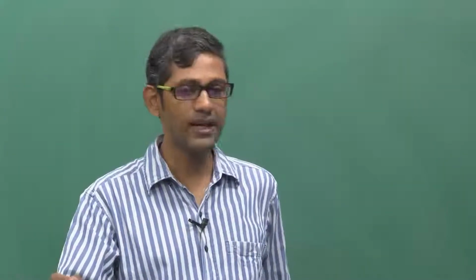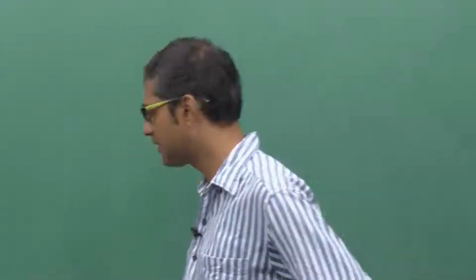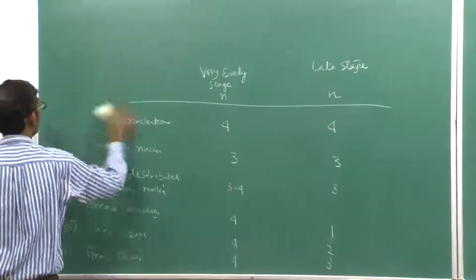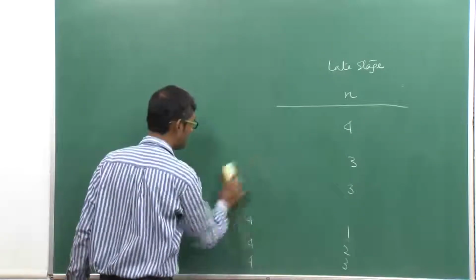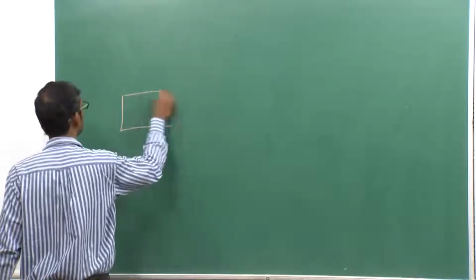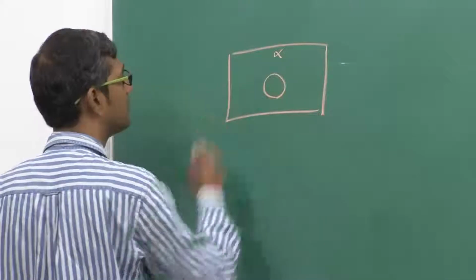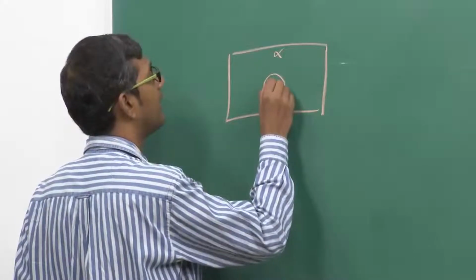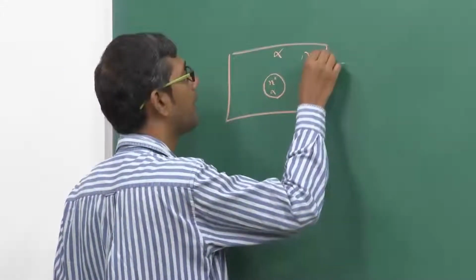Before I go into that, I just wanted to discuss something with you, some simple thermodynamics. Let us take a classical situation in which I have an alpha phase, a very big grain of alpha, and inside that I have a small grain, which is also alpha, with n prime number of moles, and the rest of the alpha has n double prime number of moles.